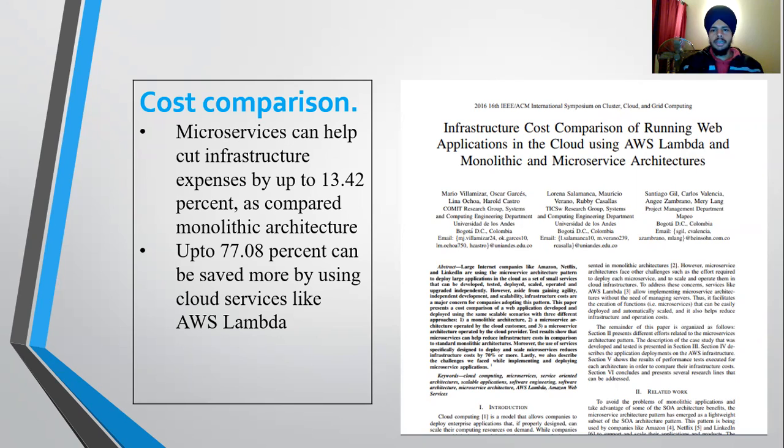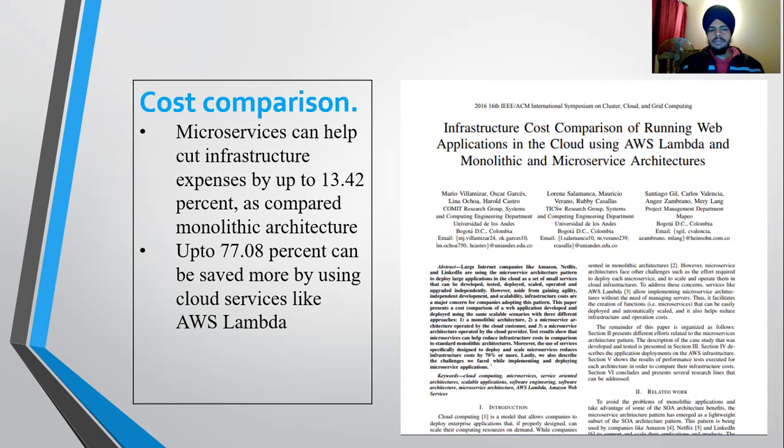Then I reviewed the literature, and according to it, the microservices provided by the cloud as a service operator are cheaper as compared to other microservices, even as compared to monolithic services.